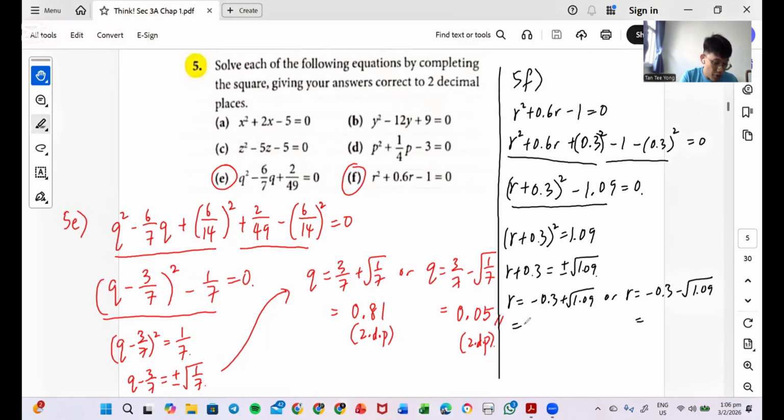Negative 0.3 plus square root 1.09 is 0.74, 2 dp. The other one is negative 1.34, so 2 dp as well. Okay, so this is it for question 5.